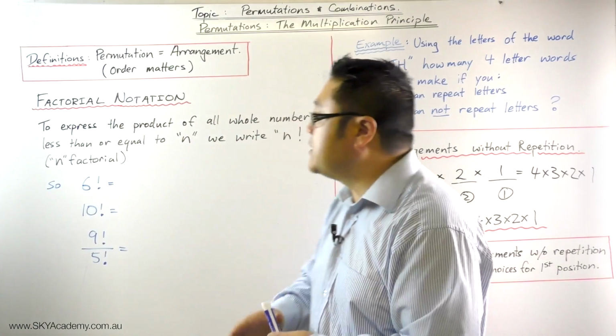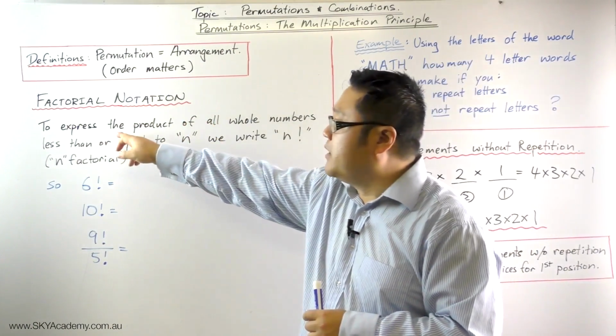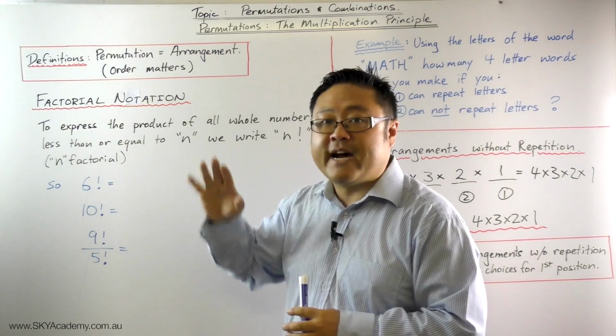So that's why factorial notation is important. To repeat, to express the product of all the whole numbers less than or equal to n, we write n with a little exclamation mark, which is n factorial.